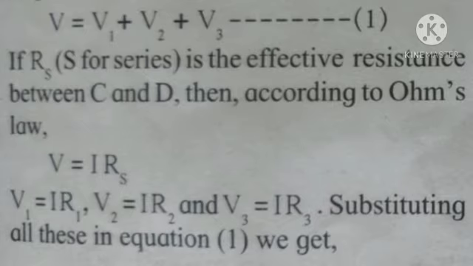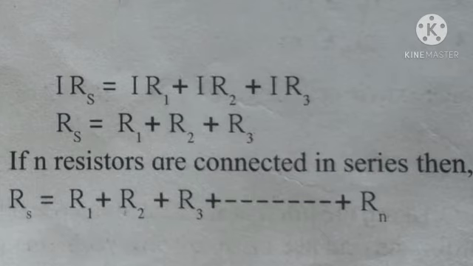Substituting all these in equation 1, we get I Rs equals I R1 plus I R2 plus I R3. Therefore, Rs equals R1 plus R2 plus R3. If n resistors are connected in series, then Rs equals R1 plus R2 plus R3 and so on.